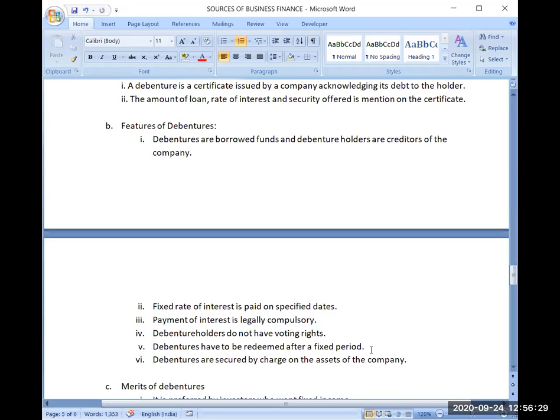The same case will happen on the debentures also. They will be writing a maturity date on the certificate, on what date the repayment of these debentures will be done. Now it's clear. So that's why it is written here that debentures have to be redeemed. Redeemed means returning the money back. Redeemed means repayment of the loan after a fixed period.